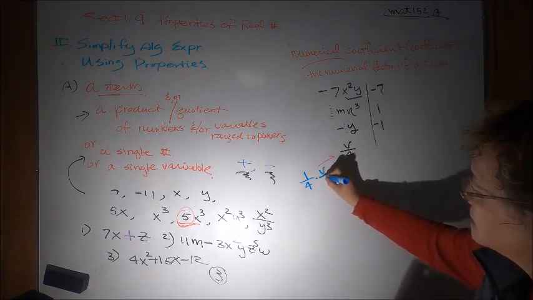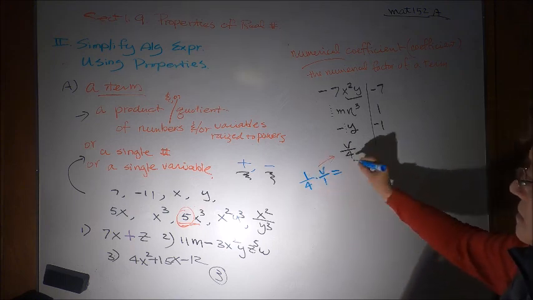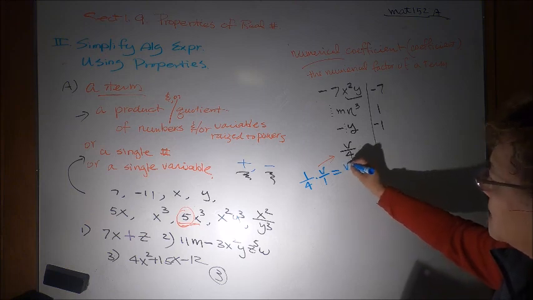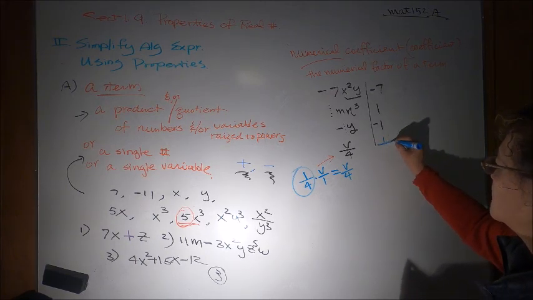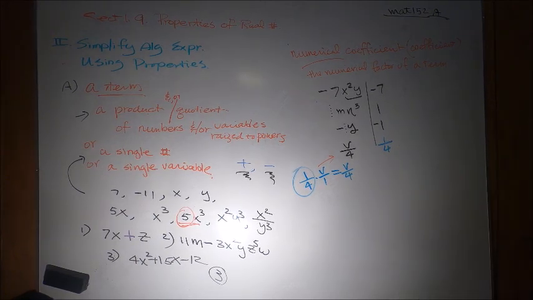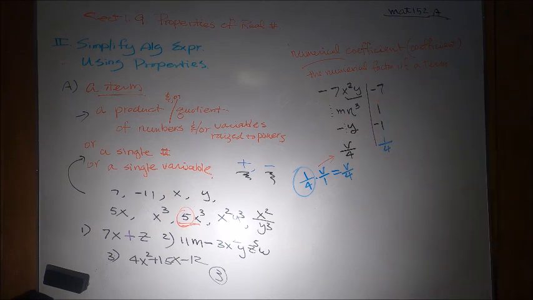Then, okay, so you put the 1 underneath, you cross, you multiply straight across, that would be this one, right? So, what's your coefficient? That would be 1/4, right? So, we introduce the idea, something called coefficient.